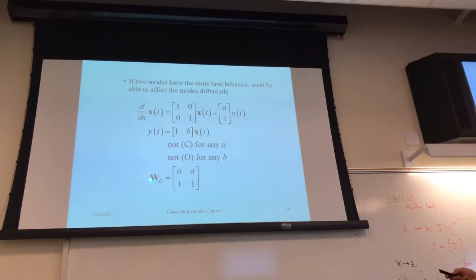Because the controllability Gramian will give you A1 and A1 again. Because A is an identity, so it's not going to influence them at all. So this is rank 1. I hope these three cases will give you a very good idea about the controllability problem.